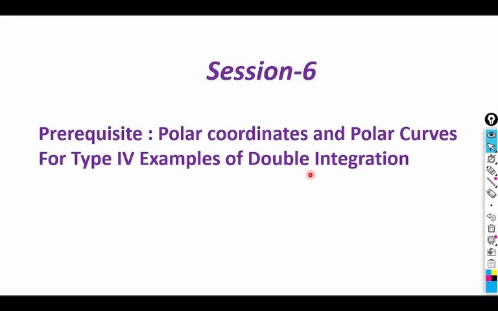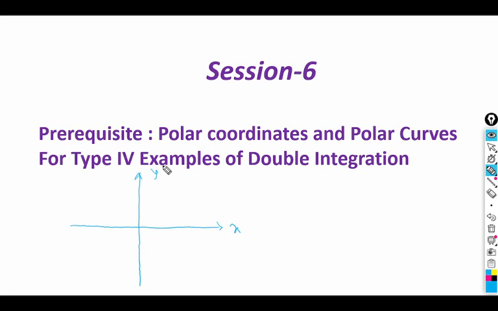Before this session, the examples were done in a Cartesian coordinate system. If you see the graphs that you used for plotting Cartesian curves, generally we have this x-axis and this y-axis.